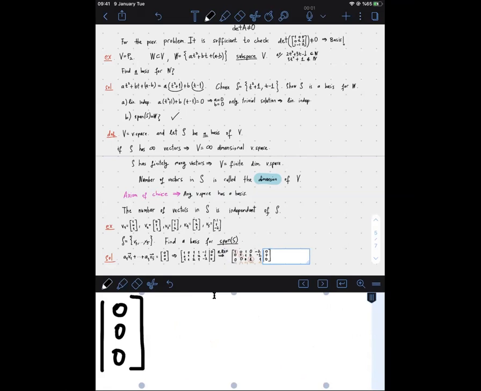Maybe I should write the solution, it doesn't matter, but we can write the solution.